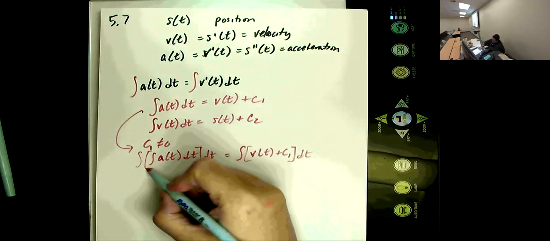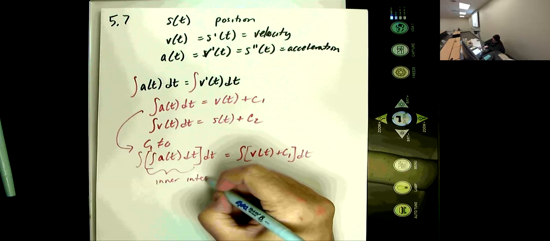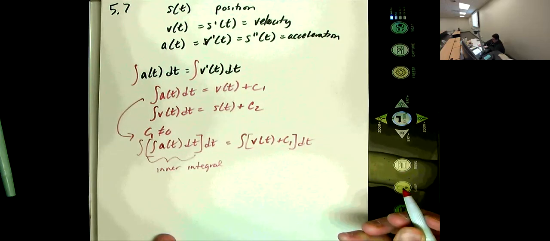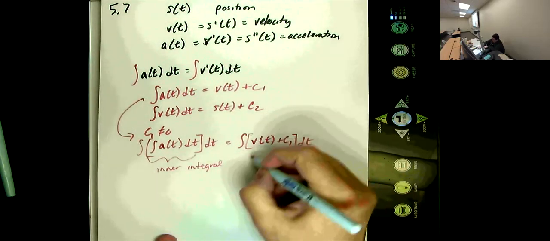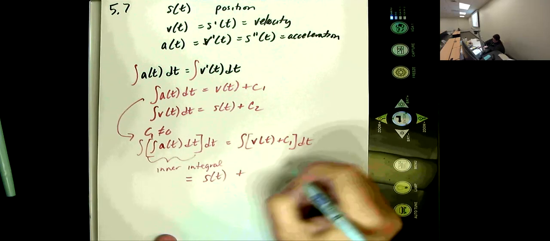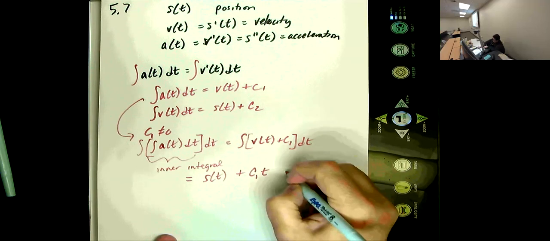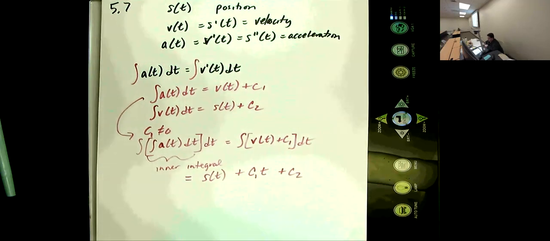So you do the inner integral. And this would give us s of t. If we integrate c1, it's a constant, so we would have c1t plus c2.